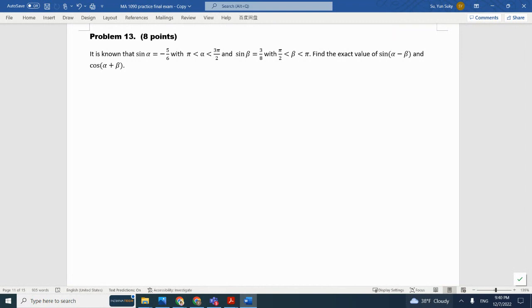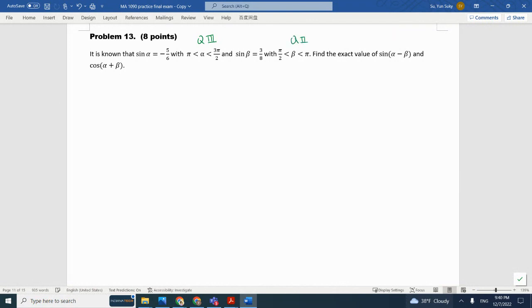Okay, so it is known that sine alpha is negative 5 over 6, and alpha is from pi to 3 pi over 2, which means it is in quadrant 3. And sine beta is 3 over 8, with beta from pi over 2 to pi.